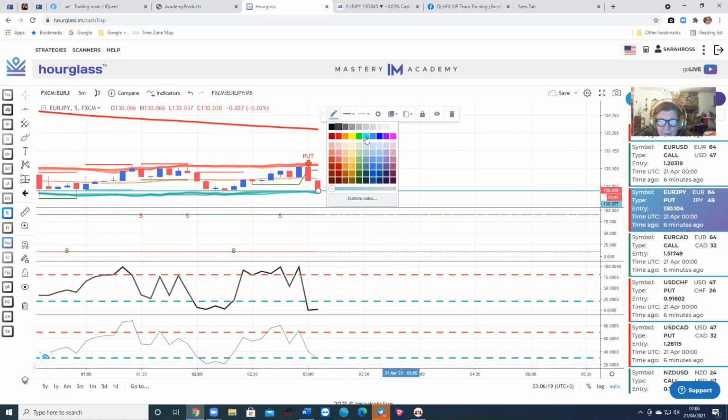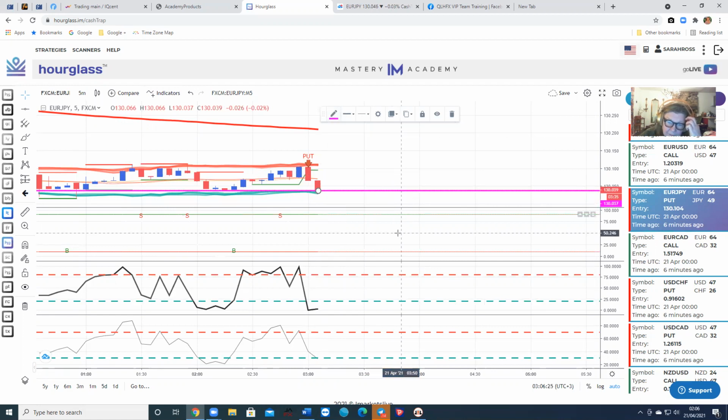Just put that, we should do it in party pink. And you can see that line of support there. It's used it before, and it's at 0.40 now in this second block of the 5-minute candle.